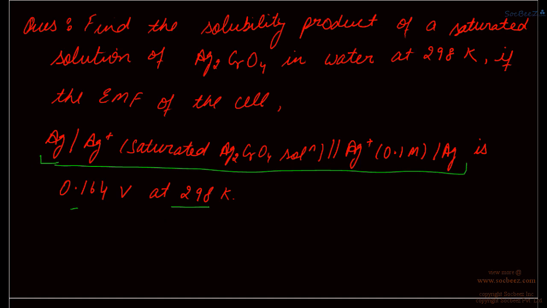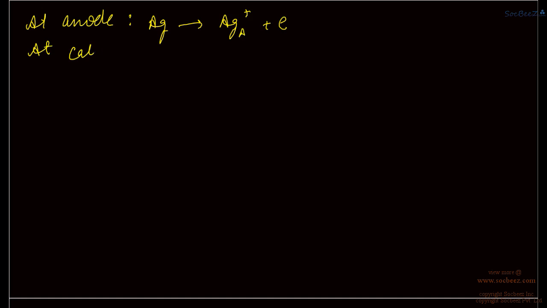Now for a given cell, the reactions occurring at anode and cathode are, so first let's write down the half cell reactions. At anode, the reaction is Ag to Ag+ at anode plus electron.